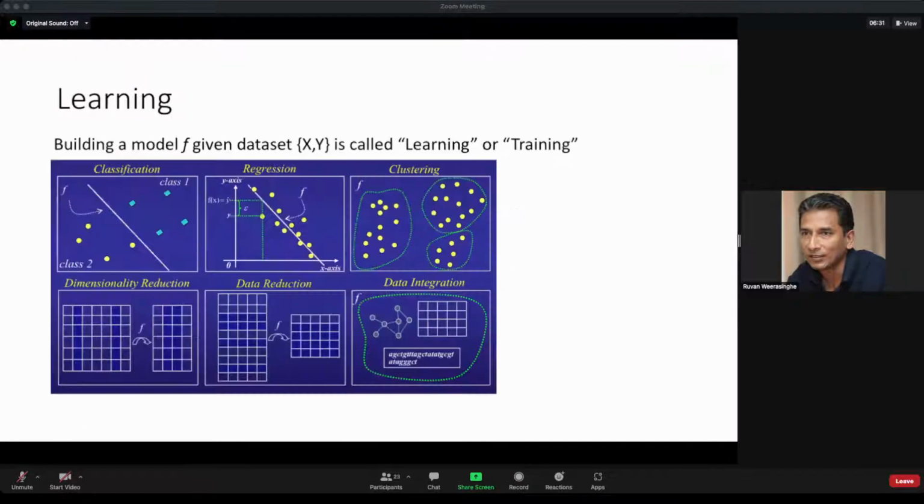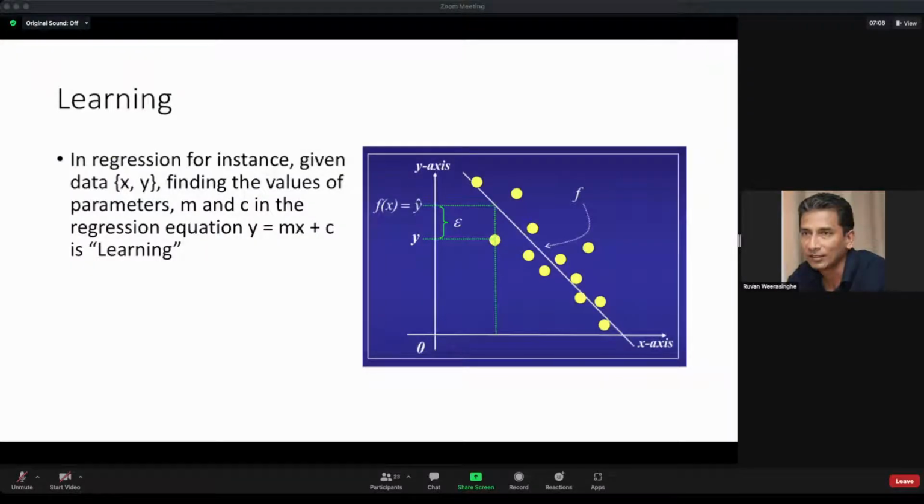Okay, so the types of learning. Building a model consists of learning or training. In classification, we learn a separator. In regression, we learn a trend line. You can think of clustering also as a type of learning where we learn to structure the data. This tries to show all the things that we did until now.